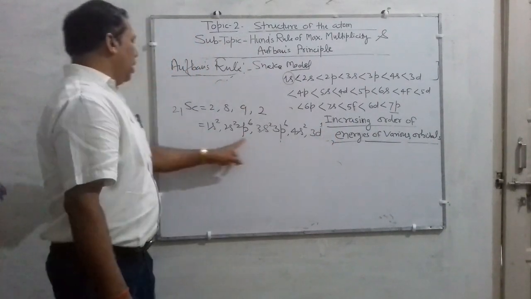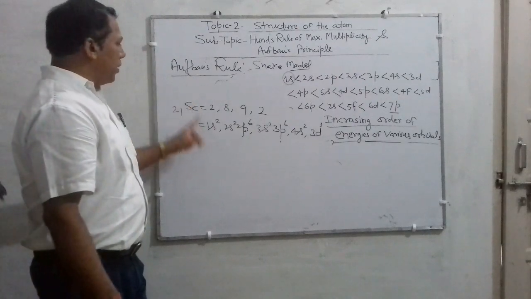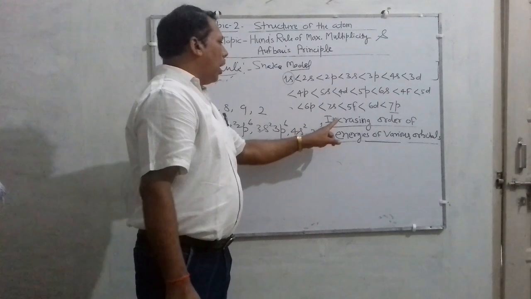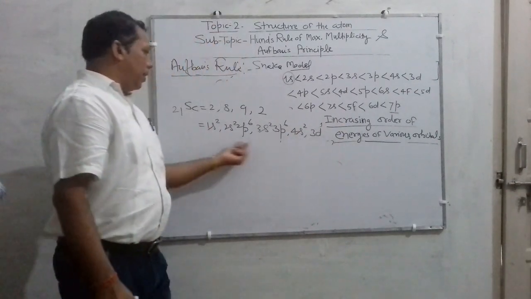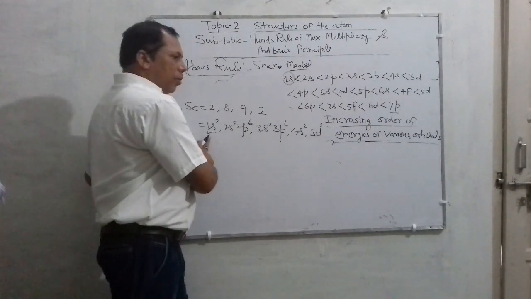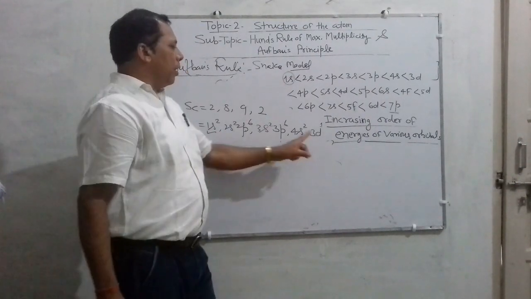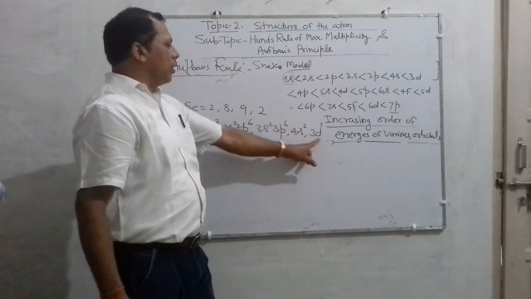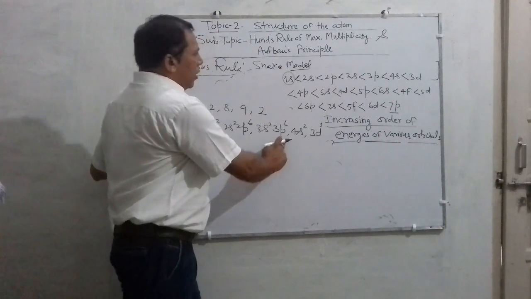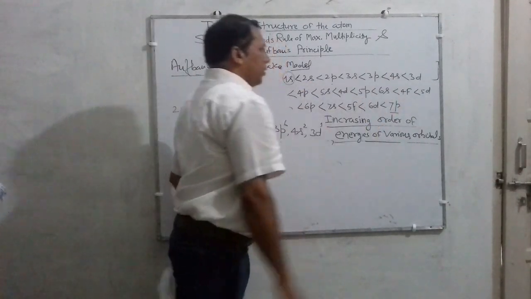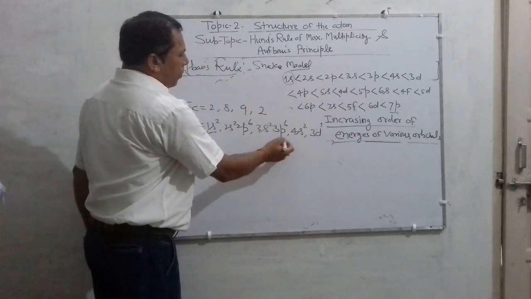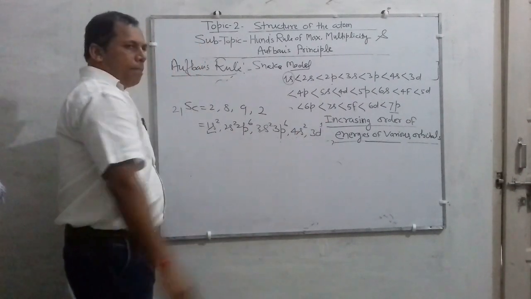This is the electronic configuration of scandium according to the Aufbau rule. Listen, 1s is the lowest energy, and the energy of 3d is higher, so it fills last: 1s, 2s, 2p, 3s, 3p, 4s, and then 3d.